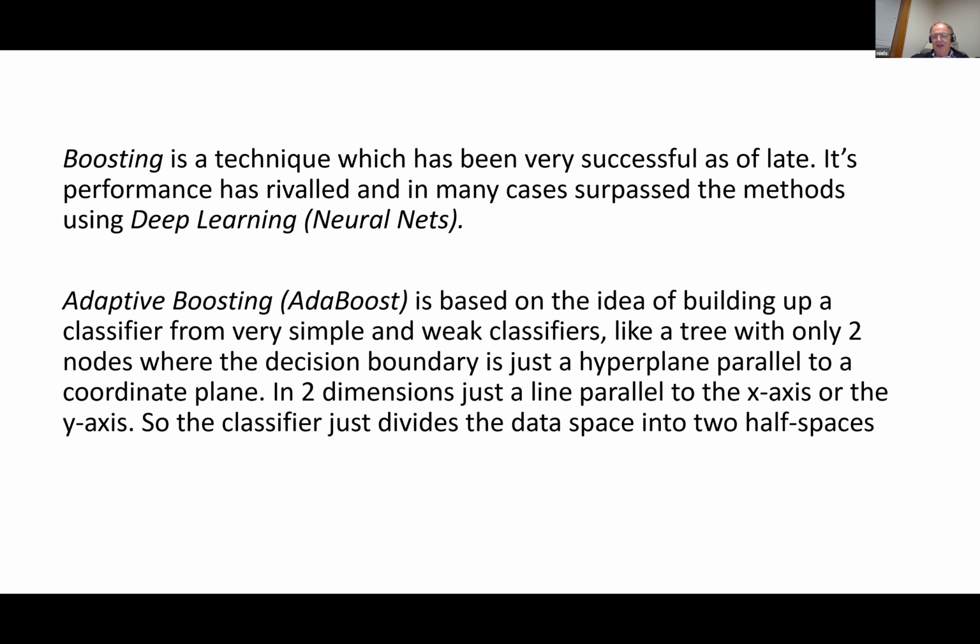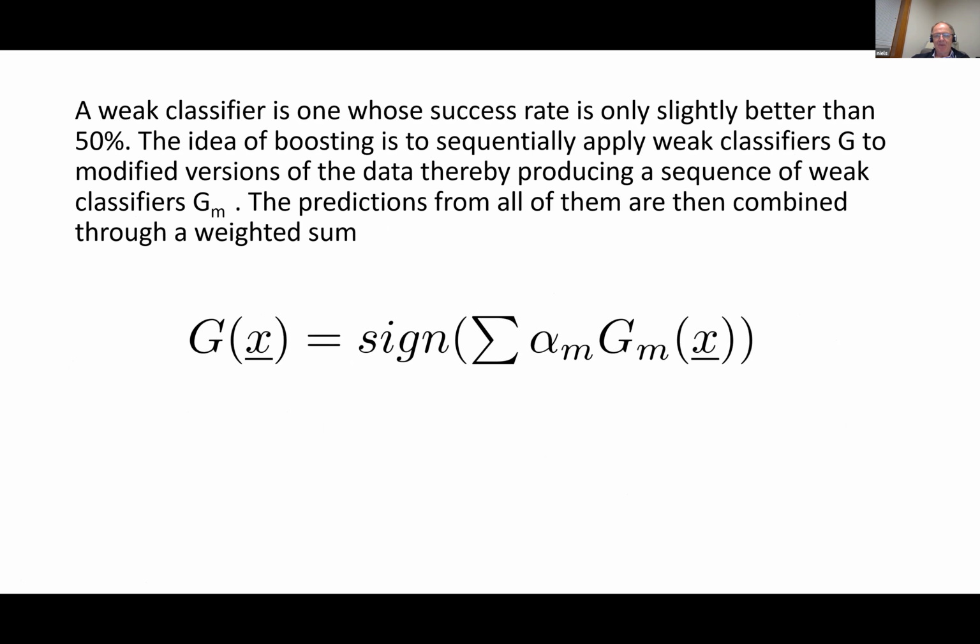The decision boundary will just be a hyperplane parallel to one of the coordinate planes. In 2 dimensions, it'll just be a line that's parallel to either the x or the y-axis. So such a classifier just divides the data space into 2 half spaces. There's no fancy stuff going on.